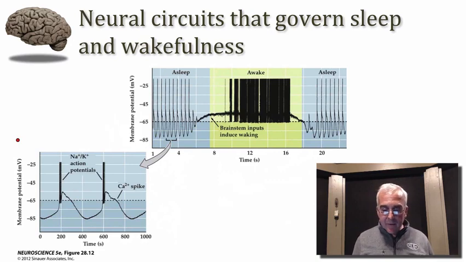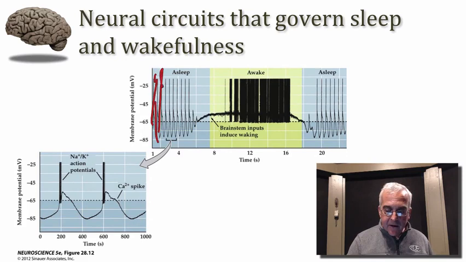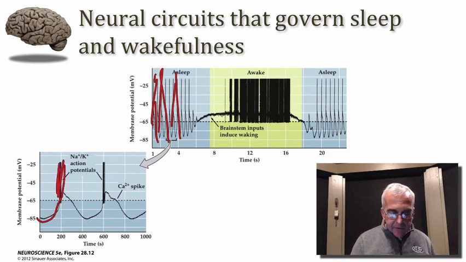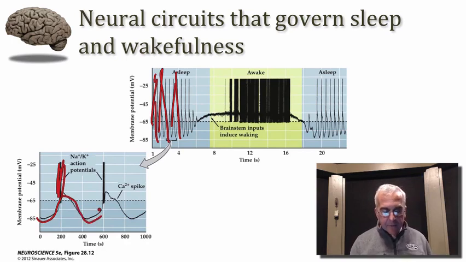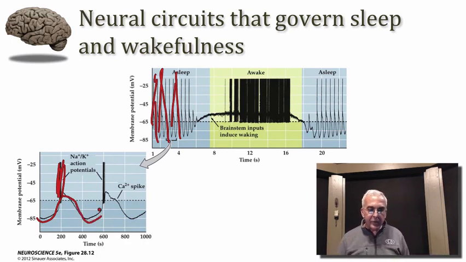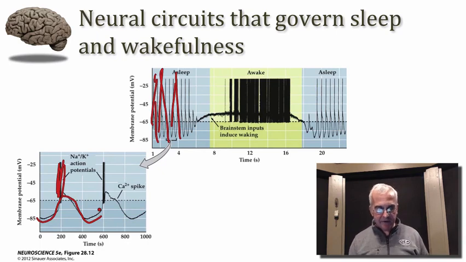So when an animal is asleep and we look at the recordings of membrane potential from a thalamocortical cell, we see that these cells are oscillating in a fairly slow rhythm. There is a slow depolarization envelope that hits threshold and then fires a series of action potentials. And then that leads to a deep hyperpolarization. So this is the oscillatory state.